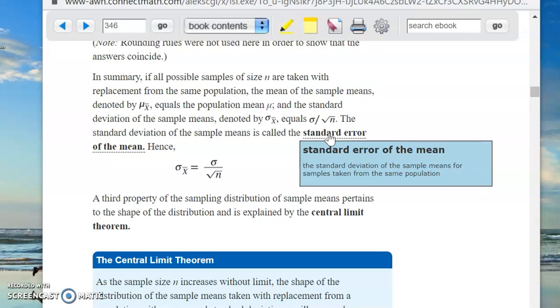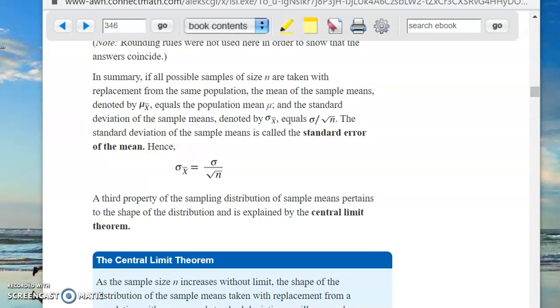The standard error of the mean is the standard deviation of the sample means. In other words, you look at all of these x bars. All of these x bars are considered as random variables. You look at them and they have a distribution that looks like a normal distribution. The mu of the normal distribution that the x bars consist of is numerically equal to the mu of the population.